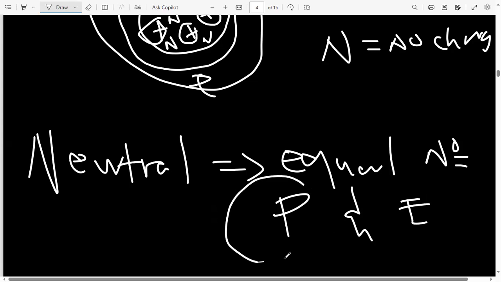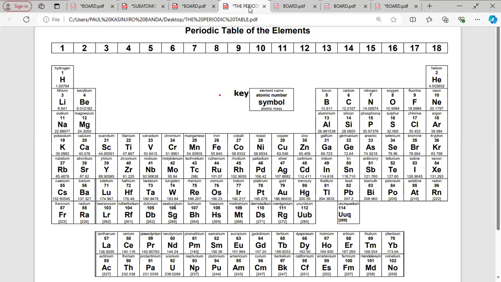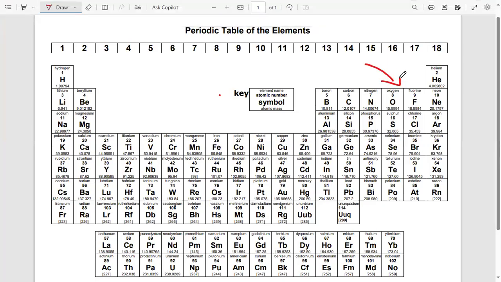Okay, so these protons here, they are very important because they determine the identity of an element, okay? So one element can only have a certain number of what? Protons, okay? So if, for example, let me show you a periodic table here. So if I go on this periodic table and I have an element that I'm calling oxygen, okay? If that element is oxygen, it will always have what? 8 protons, okay?